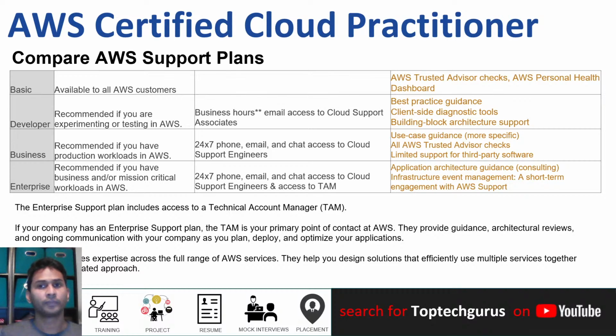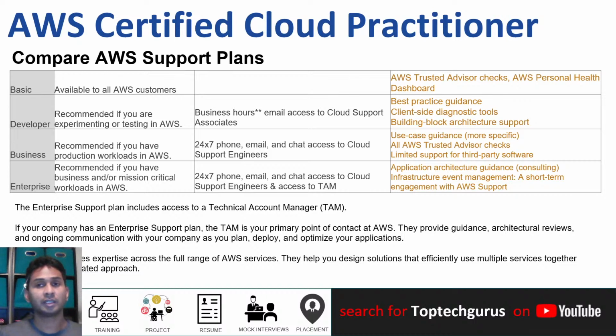Now, not just the best practice guidance, they also give you use case guidance. Based on your use case, they would suggest using auto scaling with 4 EC2 instances in two different availability zones. You don't have to have multiple regions for your support. So that kind of use case related guidance is provided at this level.